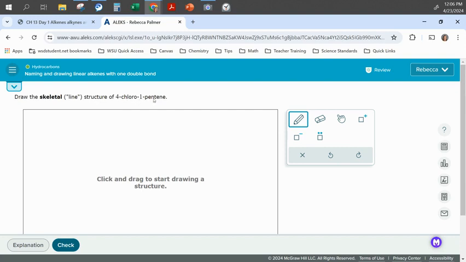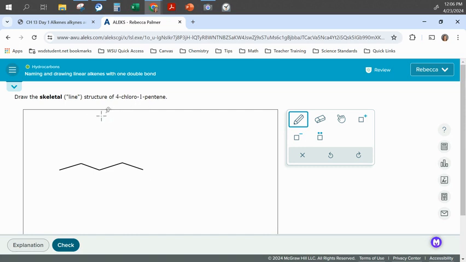It says 4-fluoro-1-pentene. I'm going to draw the parent carbon first. So pentene is 5. 1, 2, 3, 4, 5. Another hint is that they're both pointing the same way, so that is an odd number of carbons. If it's pointing opposite ways, it's even number of carbons.